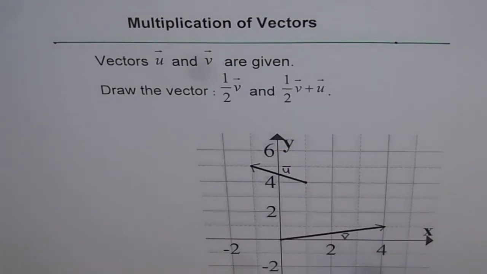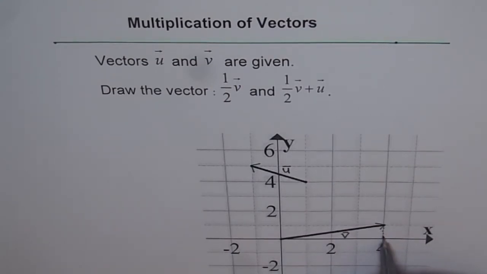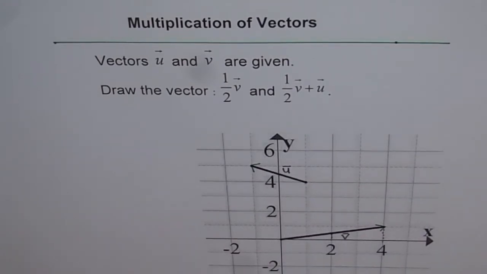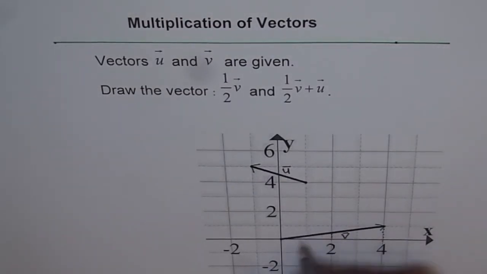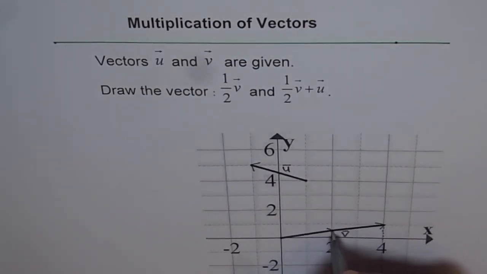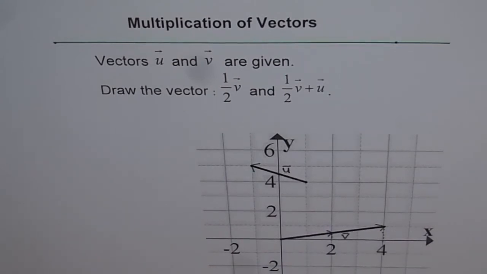So what we can do is, if we draw a triangle here, from similar triangles, that becomes half of v, correct? So as you can see from here, this vector from 0 to this place will be half of v, correct? So we can get it in a couple of ways.